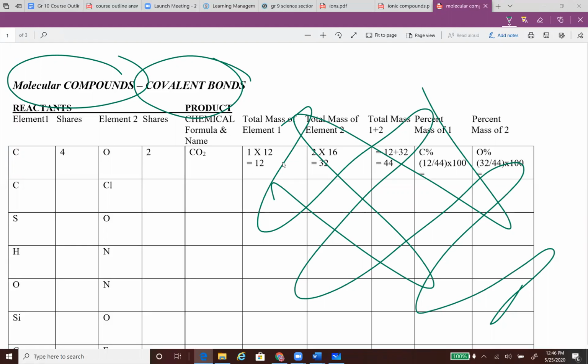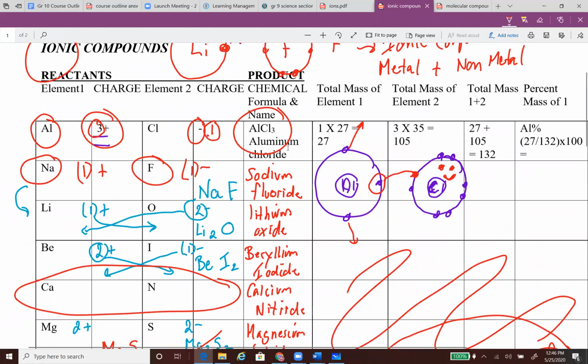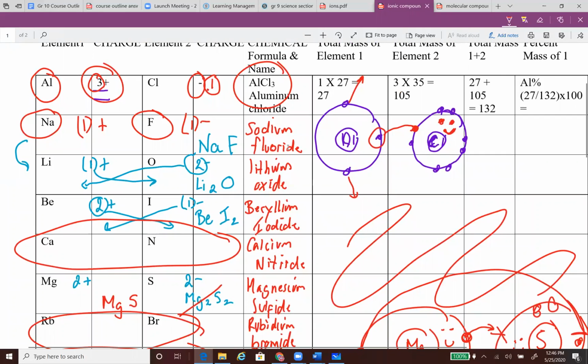Just like the previous example, the first thing in the compound, its name stays the same. You'll notice that in all these examples, the only one where the name changed is the second ion, because it's negatively charged.